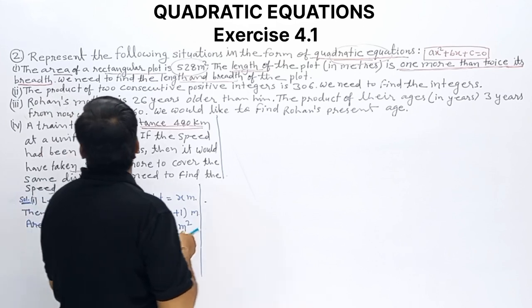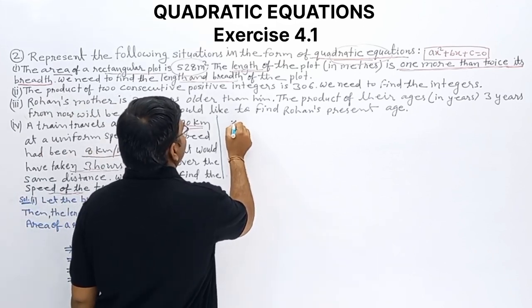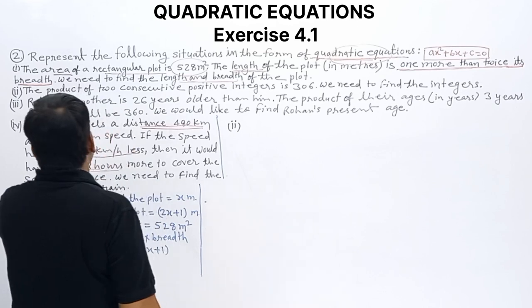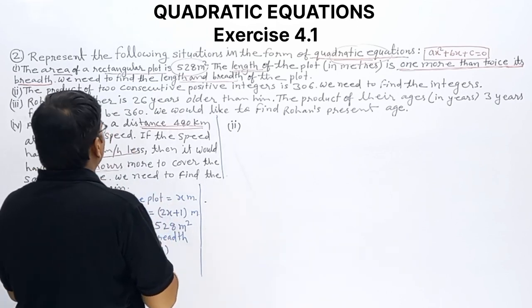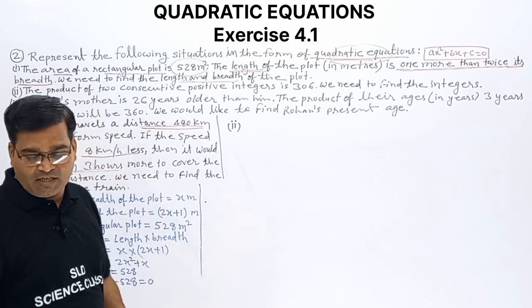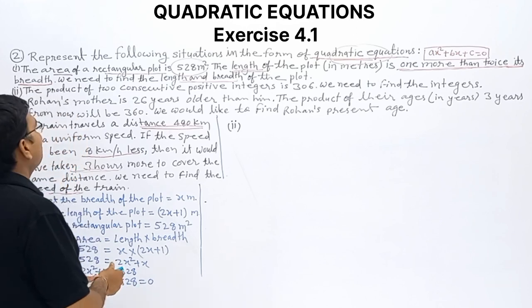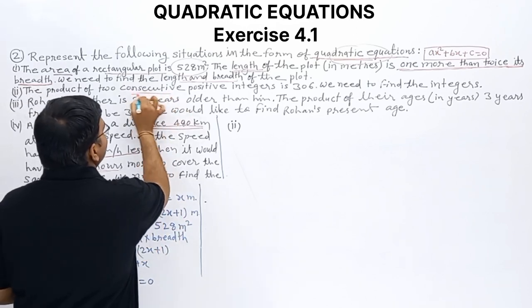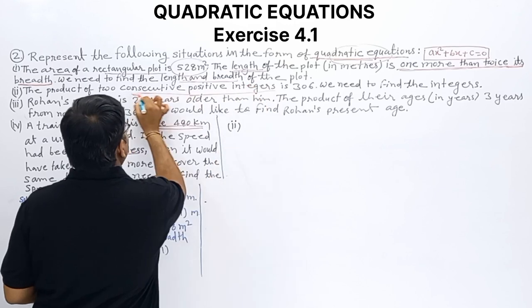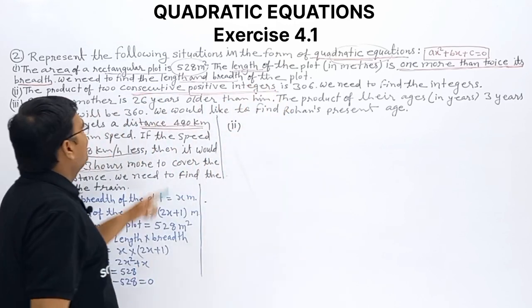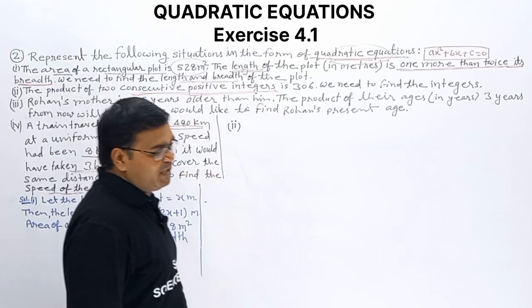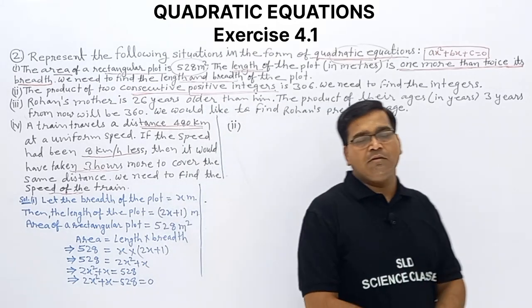Question number 2nd. What is the question? The product of 2 consecutive positive integers. Consecutive means what?